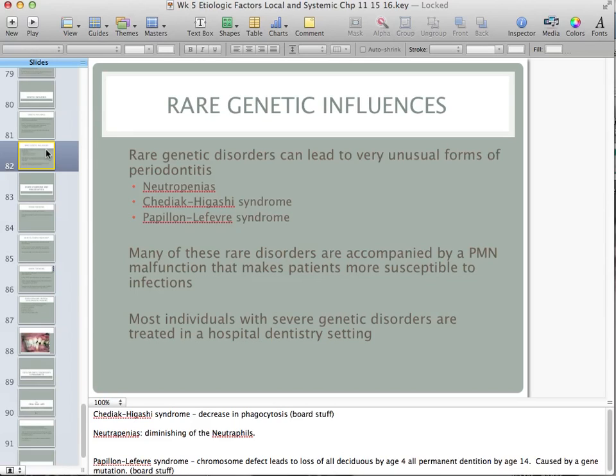It's basically a gene mutation. So that's Papillon-Lefèvre. So many of these rare disorders are accompanied by PMN malfunction, or malfunction of neutrophils, which again makes these patients more susceptible to infections.